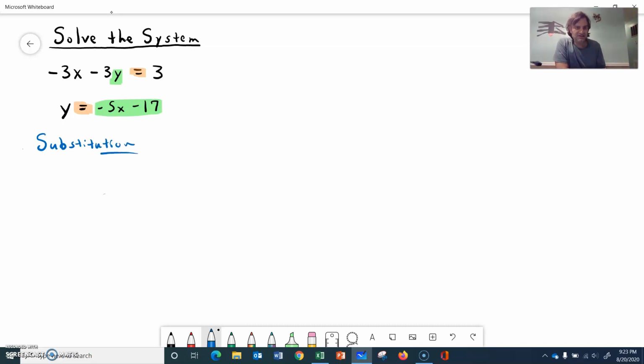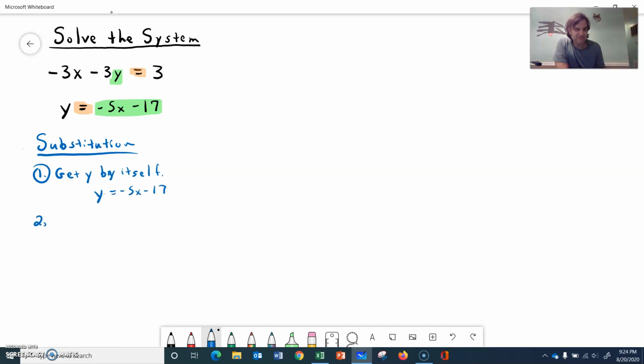In the substitution method, the first step was to get something by itself. We'll say get y by itself, which it already is. It's y equals negative 5x minus 17.